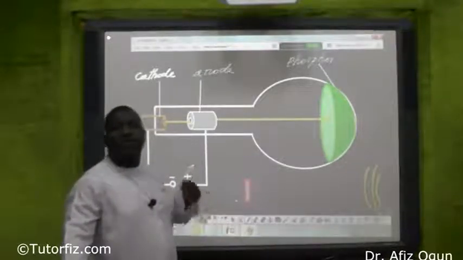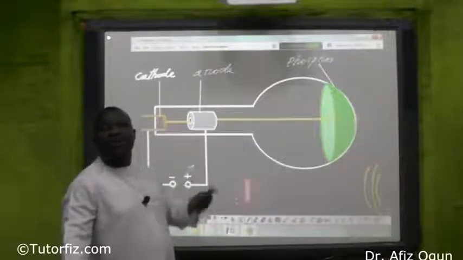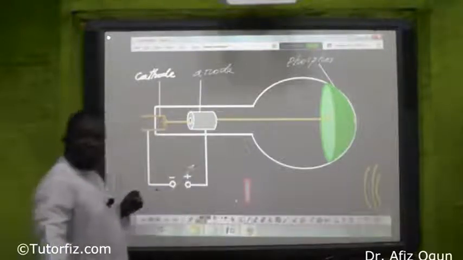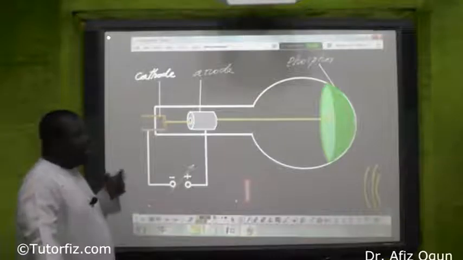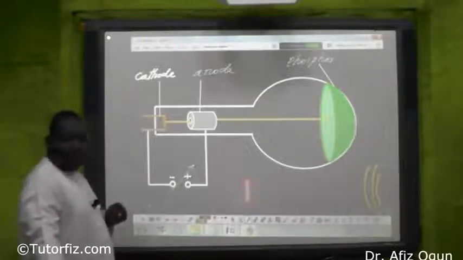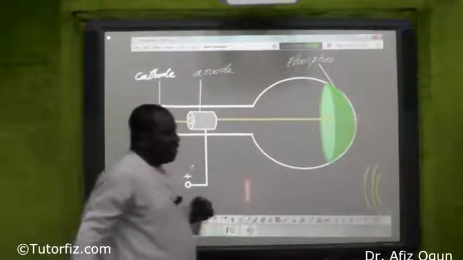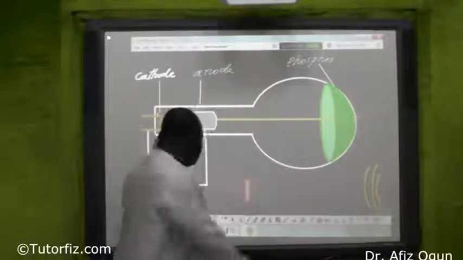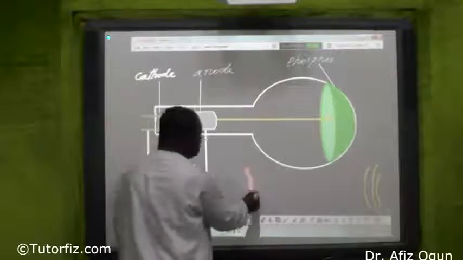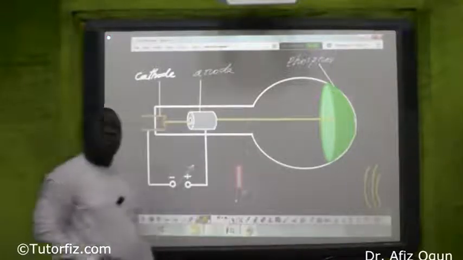For those of you who have a syllabus where we have done thermionic emission, you understand what I'm trying to say here. Now, this has happened. Now that this has happened, scientists decide to place a matter.